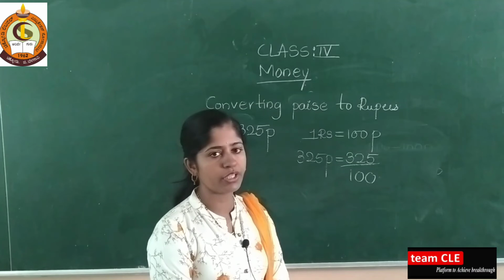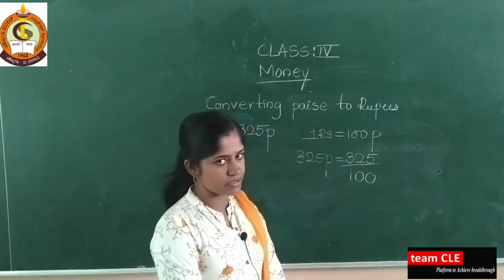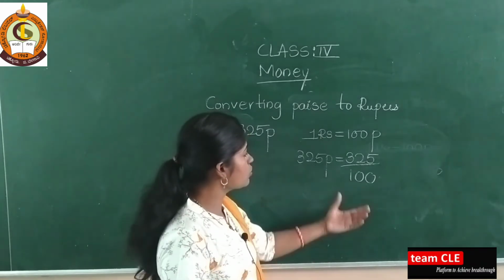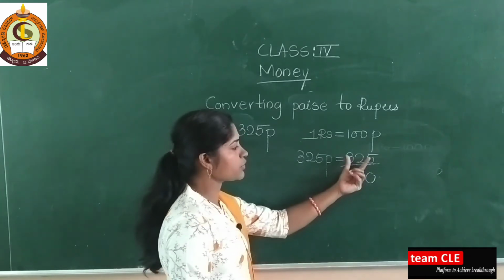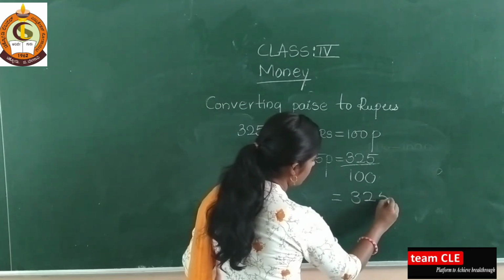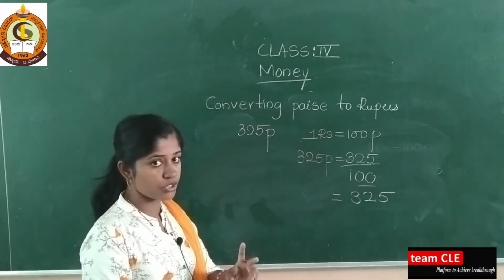Already you know, dear students, while teaching the decimals lessons, I taught how we convert fractions to decimals. So this is there in decimal form, and this is very easy. First you write the numerator as it is, 325, and just see in the denominator how many zeros are there. 2 zeros are there.